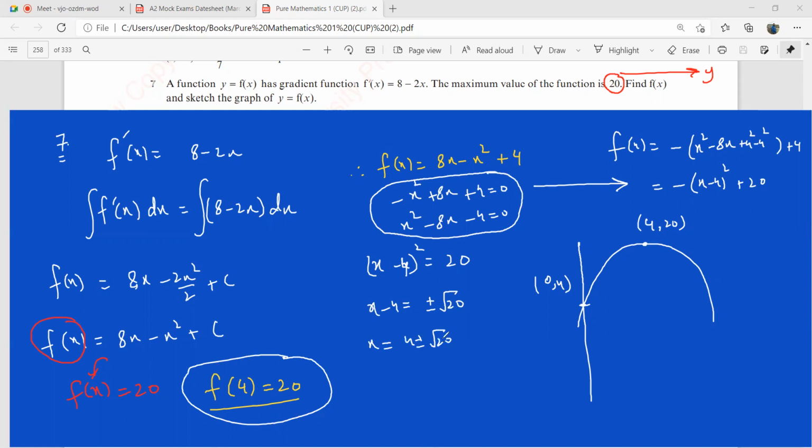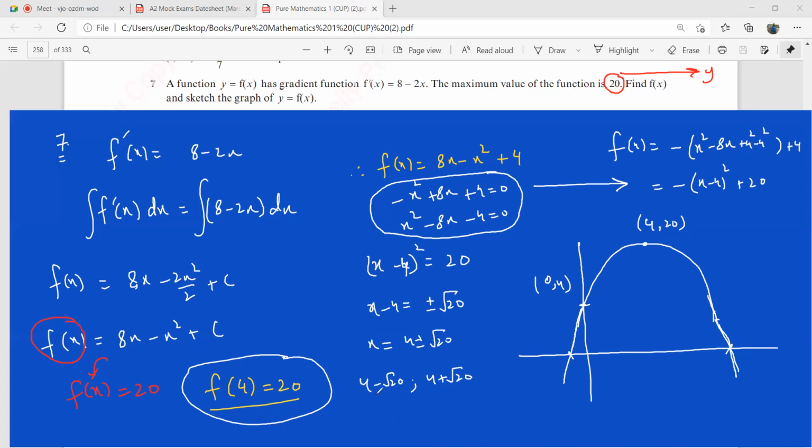Can someone quickly tell me what is 4 minus this and what is 4 plus this? Is anyone able to tell us these two values? No one has a calculator?